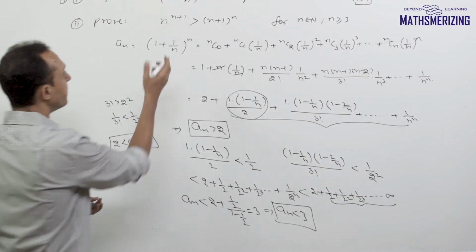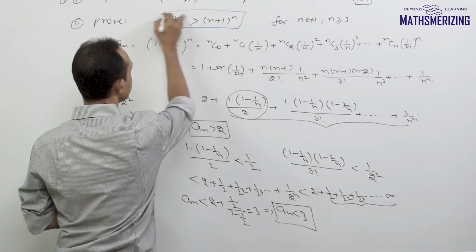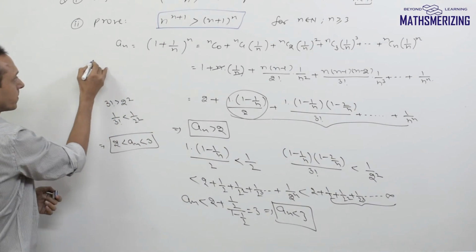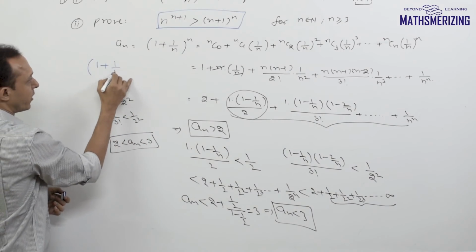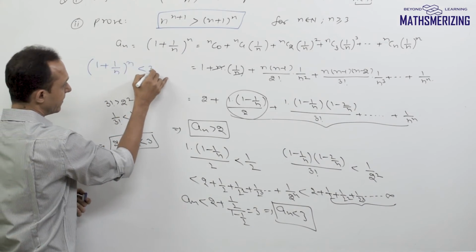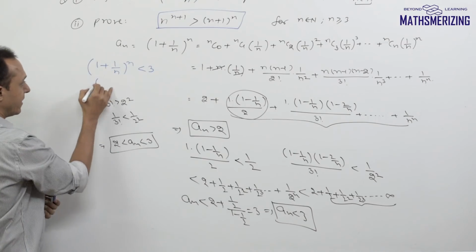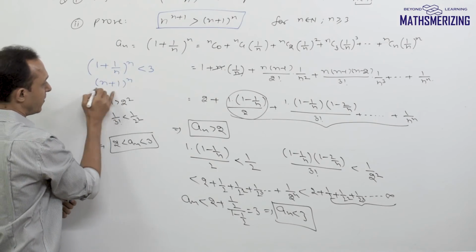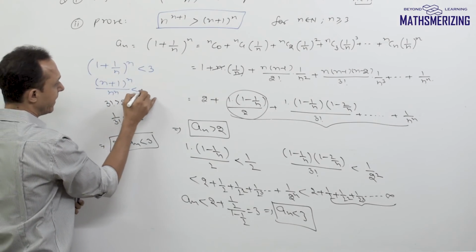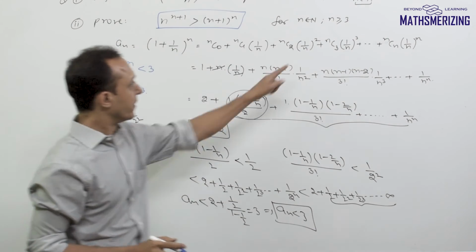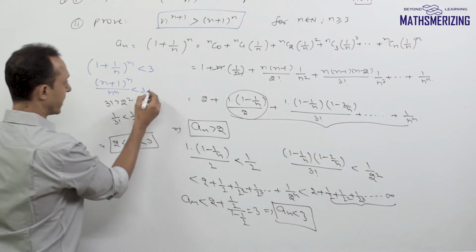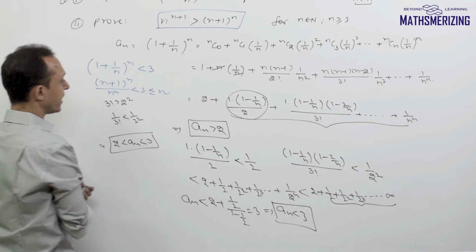Now coming to the second part, we have already established that 1 plus 1 upon n to the power n is less than 3. Now I can write n plus 1 upon n to the power n is less than 3. Now this n is greater than or equal to 3, so I can say this is less than or equal to n.